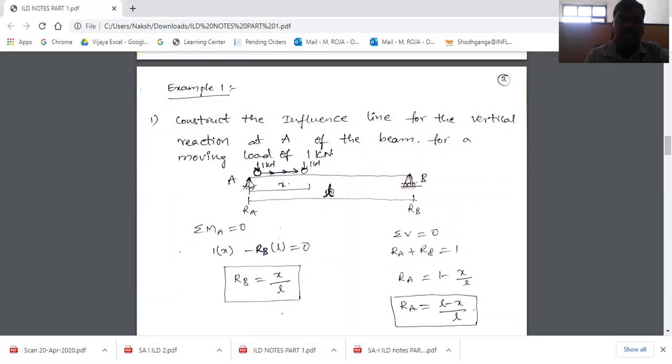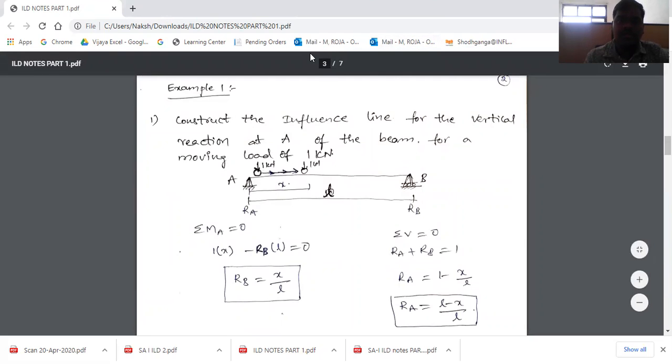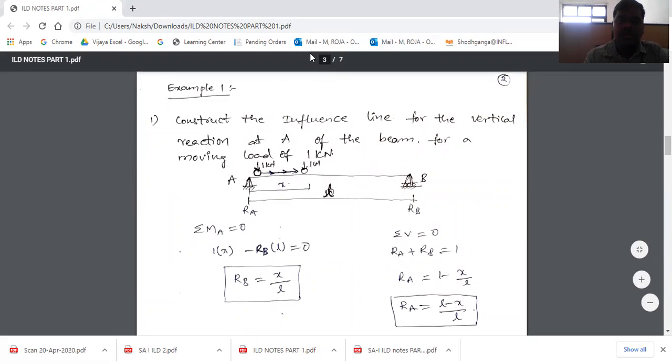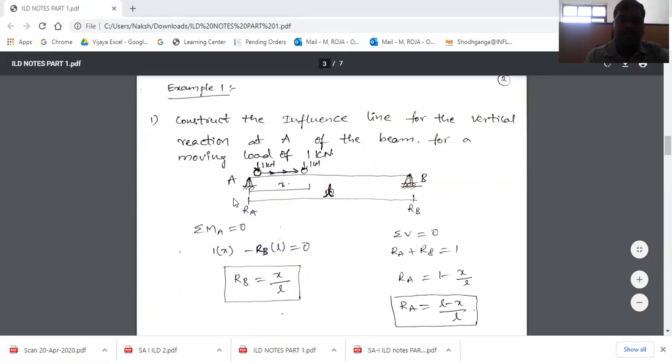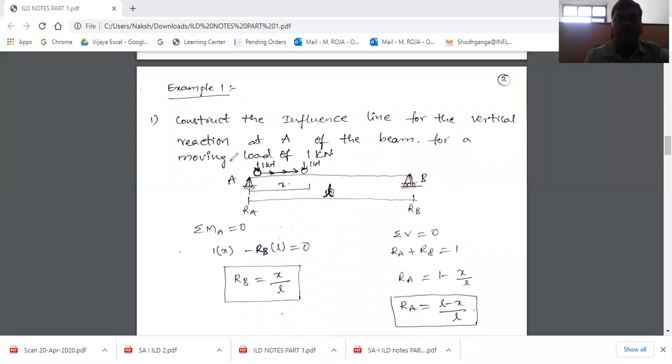So when you look at this, here we have to draw an influence line for the vertical reaction at A. So if there is a moving load from one end, it moves along the beam like this, as shown in the video.